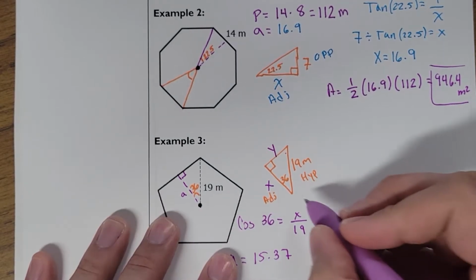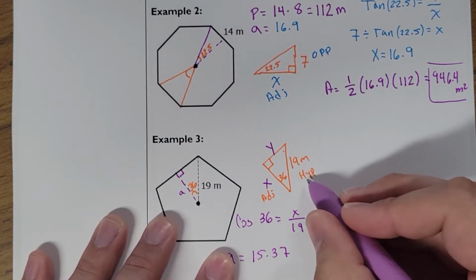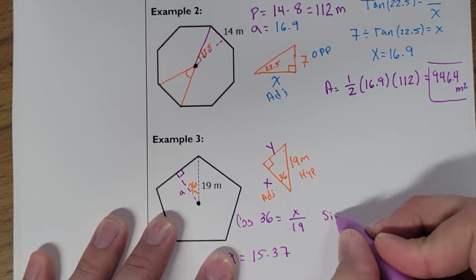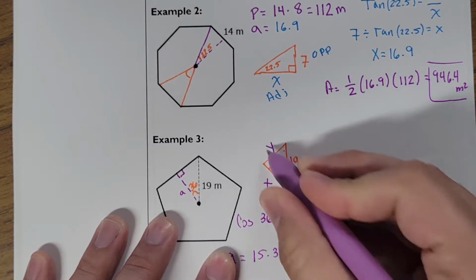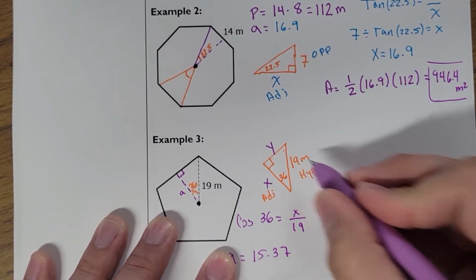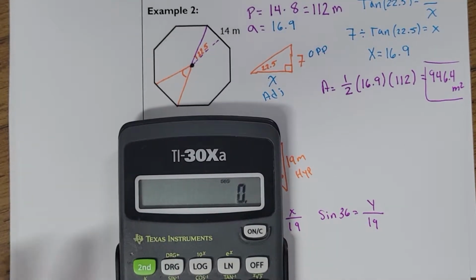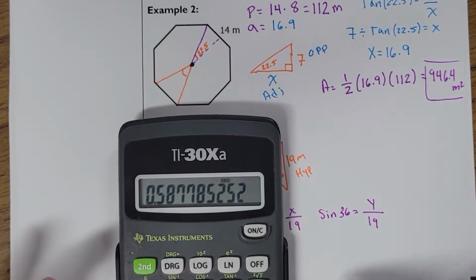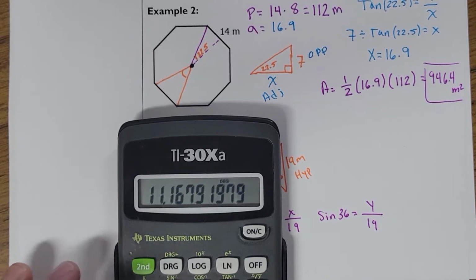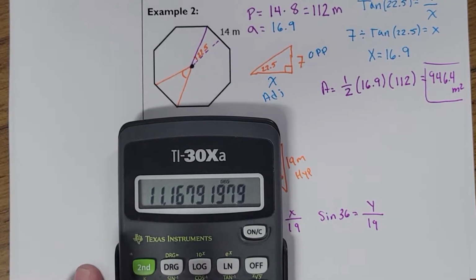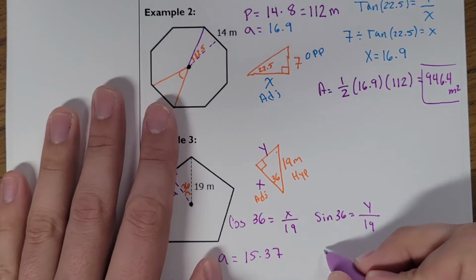I'm going to do the exact same thing, but this time y is opposite and I have the hypotenuse still. So I'm going to use sine of 36 equals the opposite y over the hypotenuse 19. And again, we're just going to multiply. Take the sine of 36, multiply it by 19, and we get 11.168.